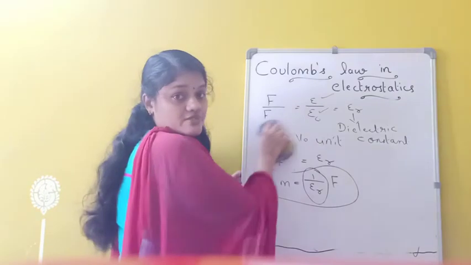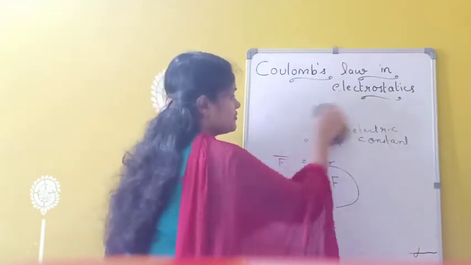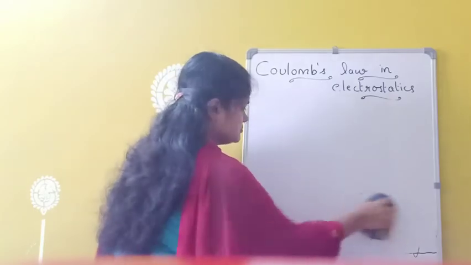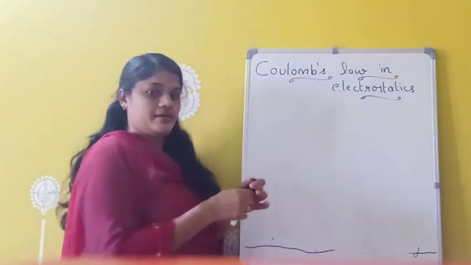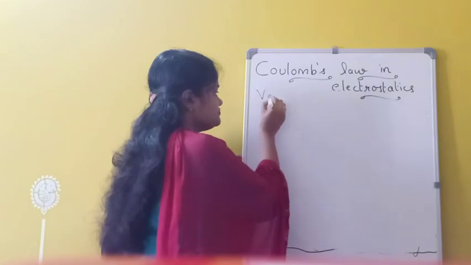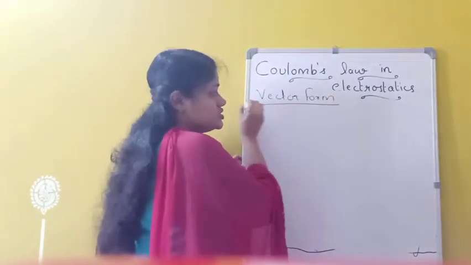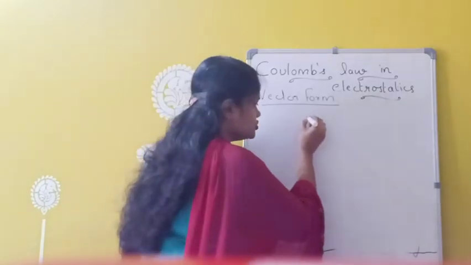Next is Coulomb's law in vector form. Consider two charges Q1 and Q2.